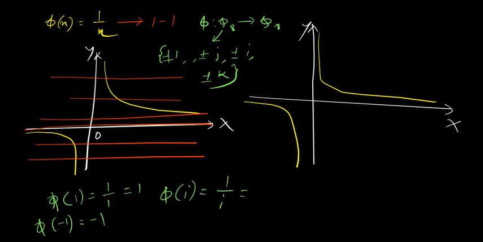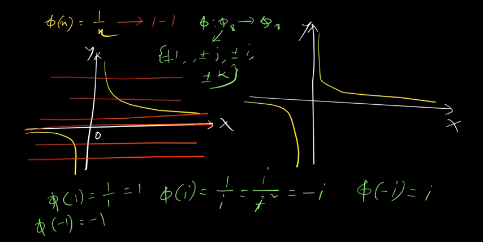If you multiply numerator and denominator by i, then it will be i by i square, and i square is minus 1, so this equals minus i. So phi of i equals minus i. Automatically phi of minus i will be i.